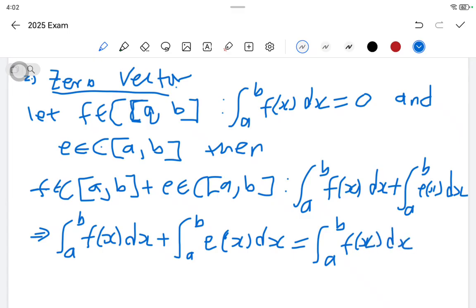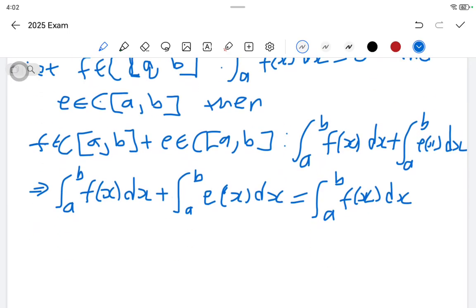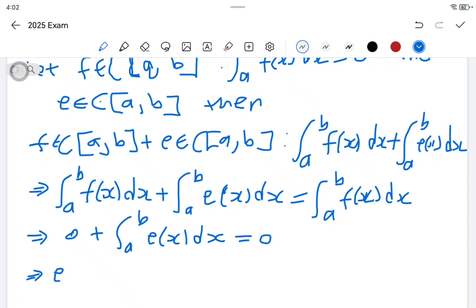And then this implies that we know that this is 0, right? This is equal to 0, and the integral AB of e of x dx is also equal to 0, which implies that the integral of e of x dx is equal to 0 also.